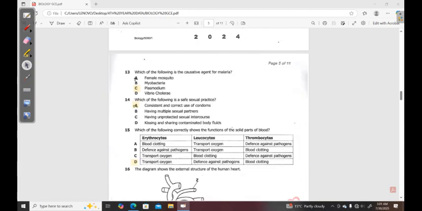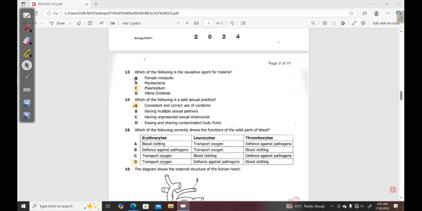13. Which of the following is a causative agent for malaria? A, female mosquito. B, mycobacteria. C, Plasmodium. D, Vibrio cholerae. So the correct answer here is Plasmodium.